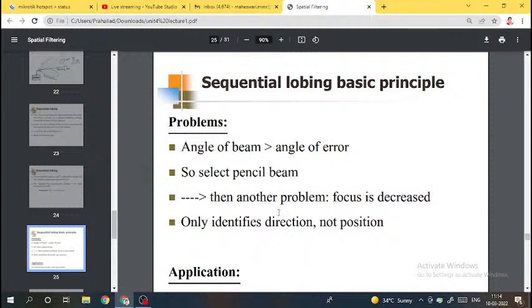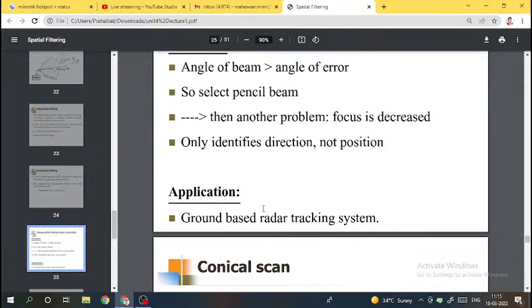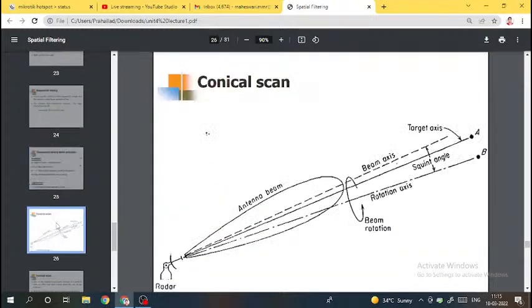So only 4 directions are well approximated in sequential lobing. The main application of sequential lobing, this kind of error finding method, is in ground-based radar tracking systems. And because of these issues, we go for the next type of error detecting, using conical scan.